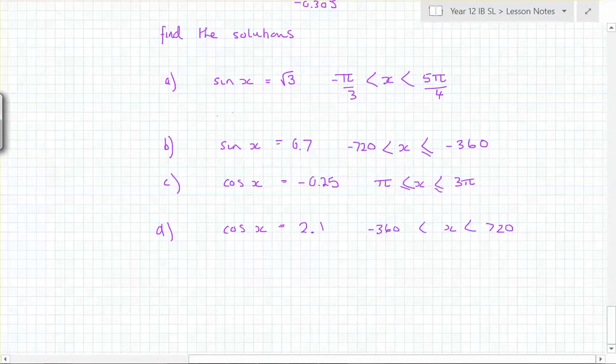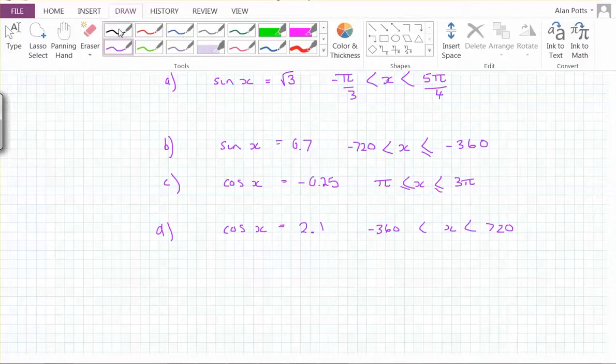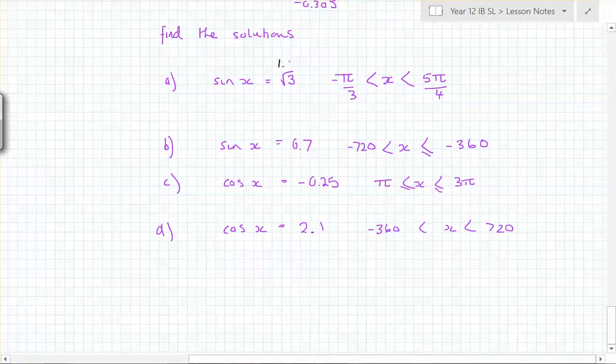Can you tell me quickly? 1.732. It doesn't matter anyway. What does sine of x go up to and down to? 1 and minus 1. Therefore, sine of x will never be more than 1.